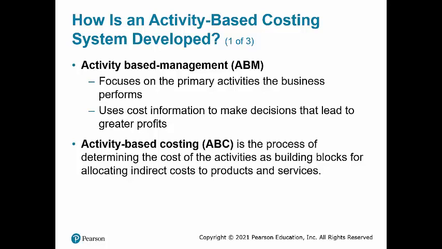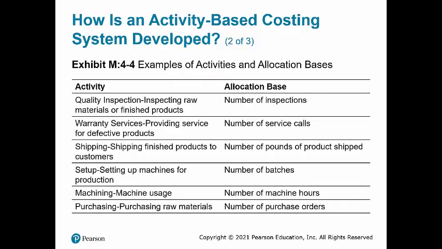Activity-based costing focuses on the cost of activities as the building blocks for allocating indirect costs to products and services. When we use activity-based costing, we first have to identify the activities involved in the manufacturing and selling of the products to the customers, and then determine the primary cost driver for each of those activities, and that will be our allocation base.